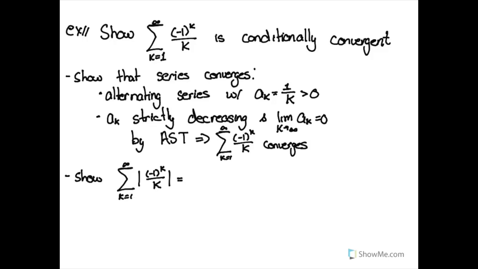I can distribute the absolute value between the numerator and the denominator. So this is the absolute value of (-1)^k over k, which is just equal to the harmonic series 1 over k. So we need to show that this series diverges.